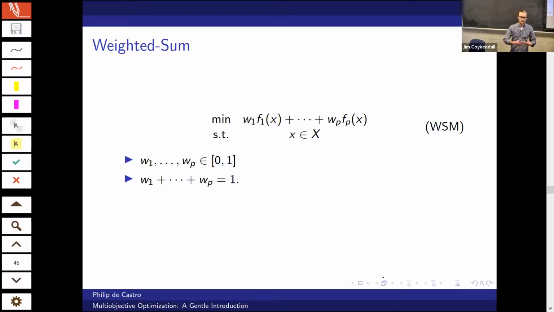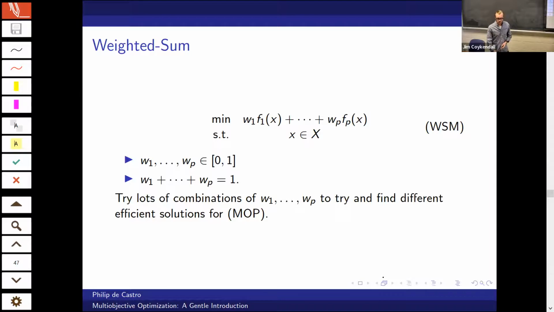These weights can represent importance to a decision maker, and that's typically the main interpretation of them if you're not just doing this as a mathematical solution. By convention, we're going to choose the weights to be between 0 and 1, such that the sum of the weights equals 1. We can think of this like percentages: we want the whole percentage of all of the weights to add to 100%.